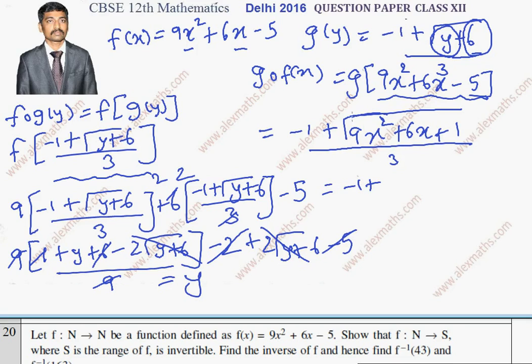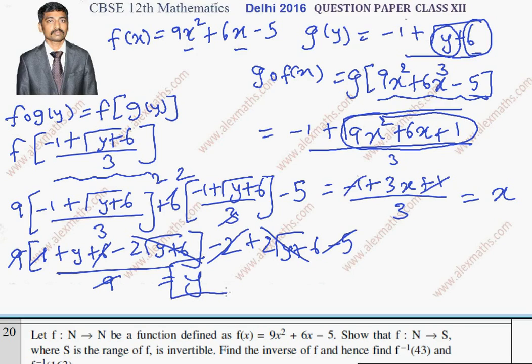This entire term is 3x plus 1 whole square, which is inside the root. So I will write 3x plus 1 by 3. After cancelling this, we left with only x. Since f of g of y we got it as y, and g of f of x we got it as x, therefore f is invertible and inverse is g.